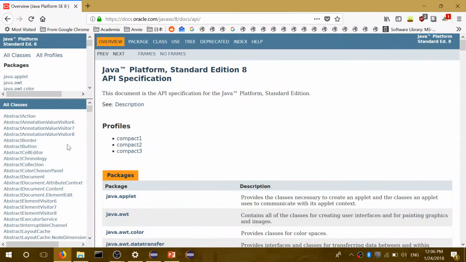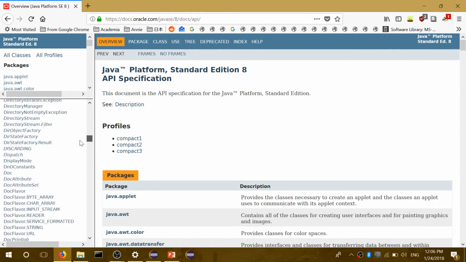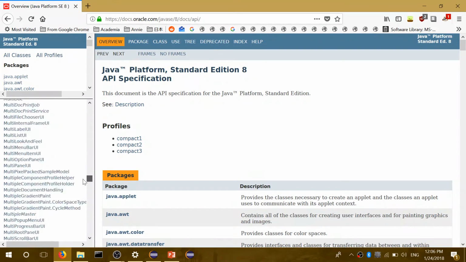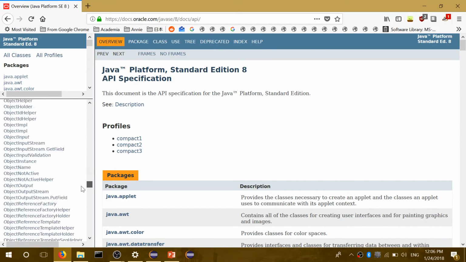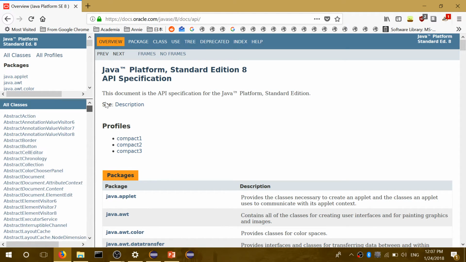There we go. Okay, so this is all stuff that the developers of Java have written. String and Scanner are just two of the things in here. So, obviously, you have to know all these things by the end of your bachelor's degree? Hell no. I don't even know half the things in here, not even a quarter of the things in here.